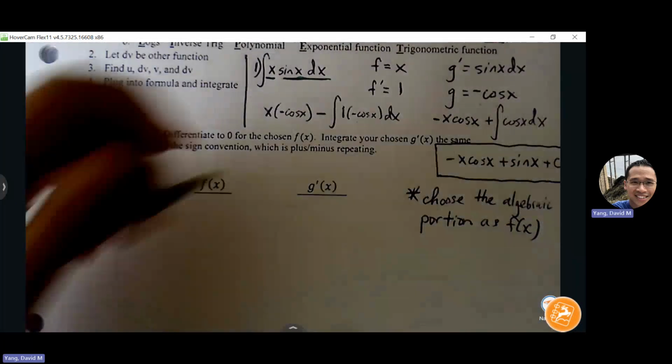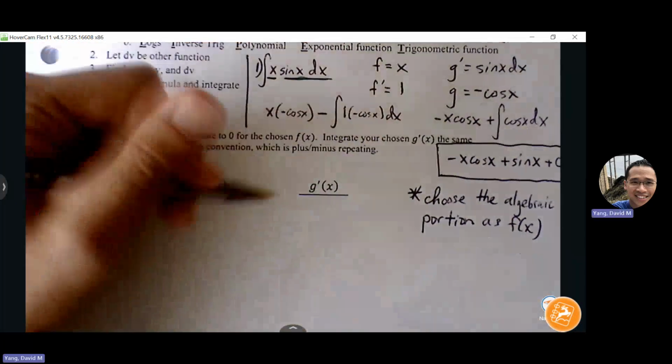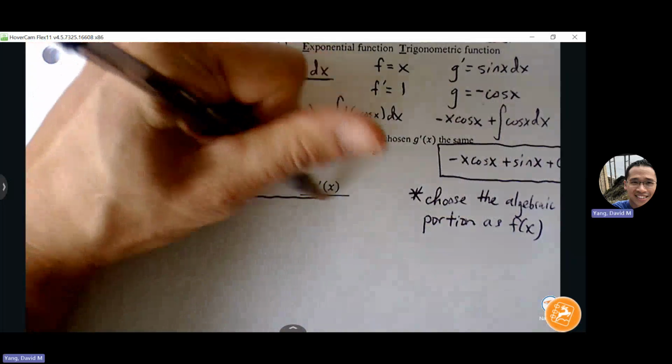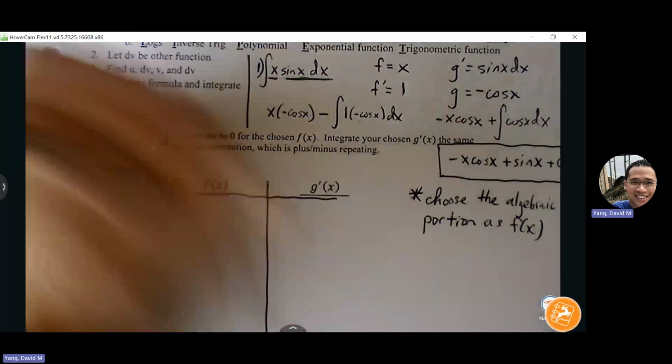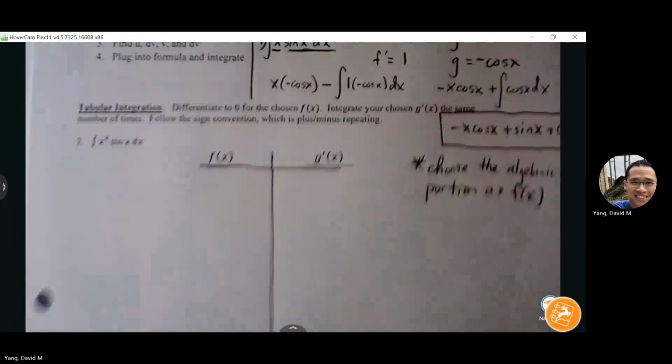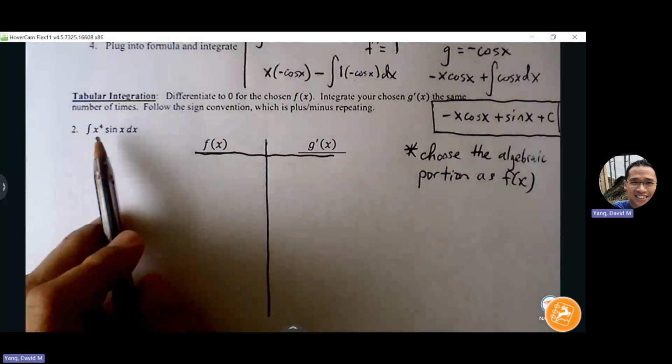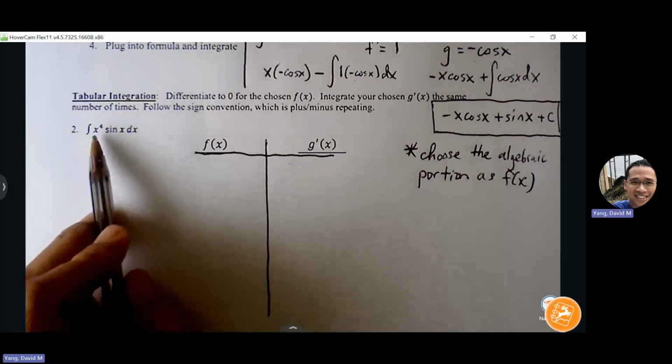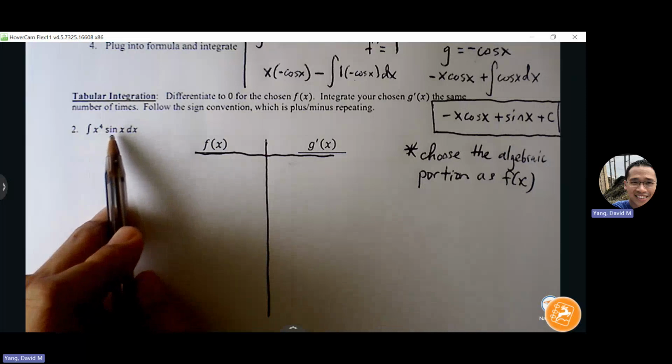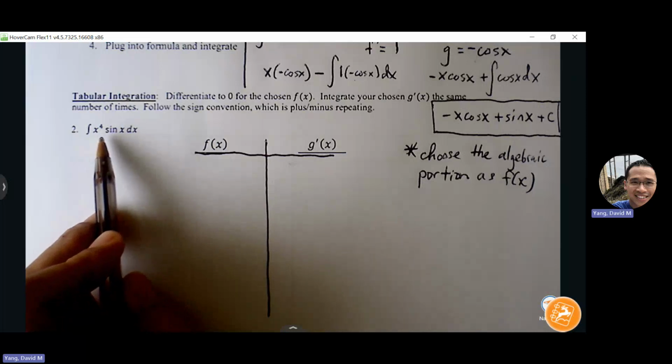Okay, so what we're going to do is create two columns, an F and a G prime column. In this case, we can assign F to be the x to the fourth because there's no logs in it. My priority for my F is always that I can do my polynomial or algebraic.